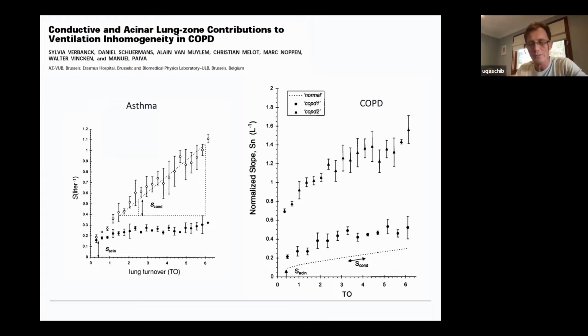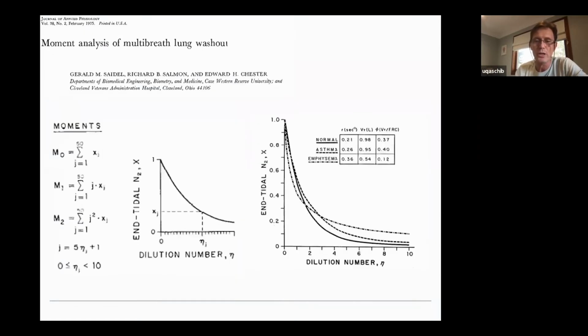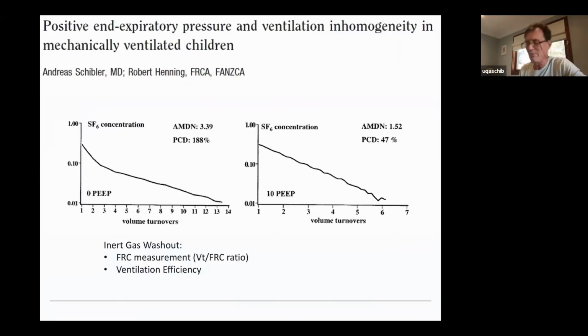We can measure CO2, we can measure sulfur hexafluoride, we can measure nitrogen, methylene. There's a lot of tracer gas that can be used. So that helps us if we want to look at ventilation distribution.